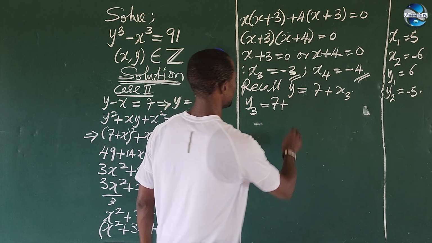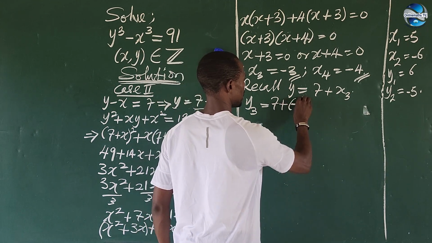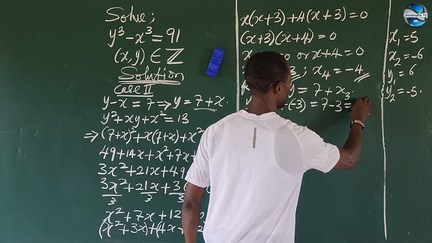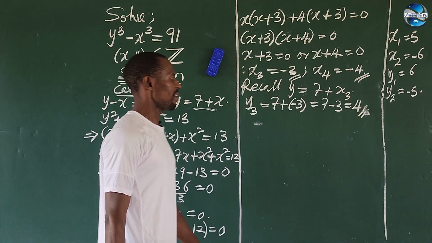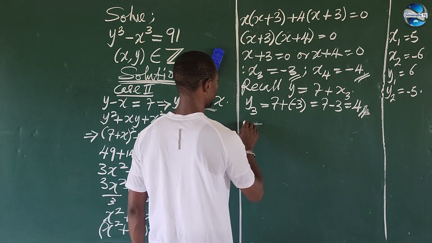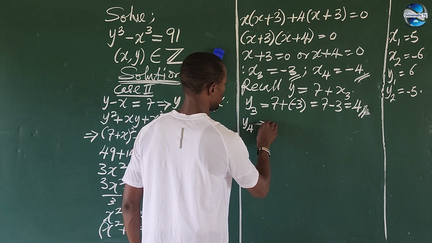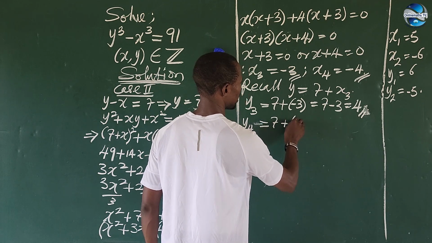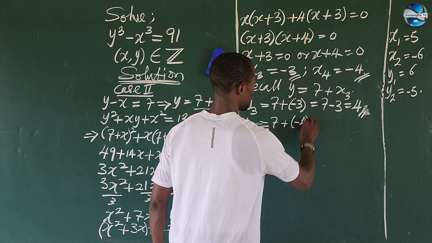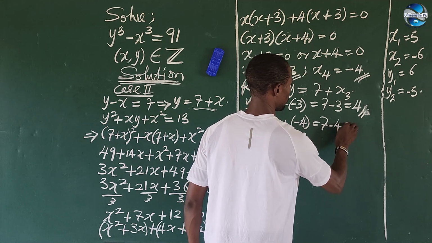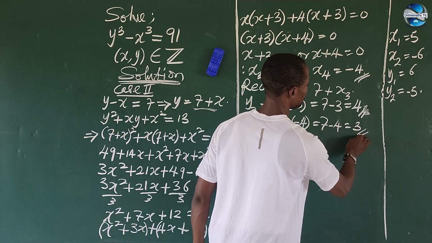Look at x3, it is minus 3, which is equal to 7 minus 3, which is equal to 4. So we have y3 to be 4. Then here we look for y4. y4 will now be 7 plus bracket minus 4, so this is equal to 7 minus 4, which is equal to 3.